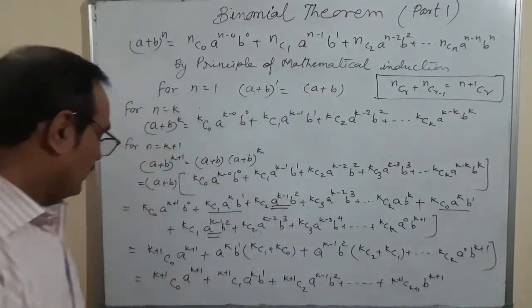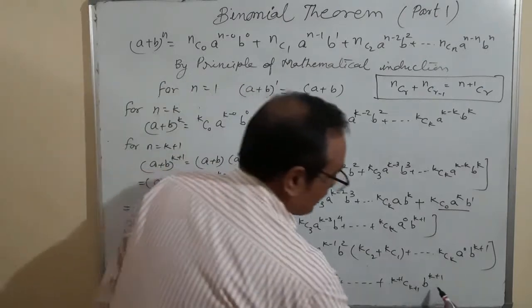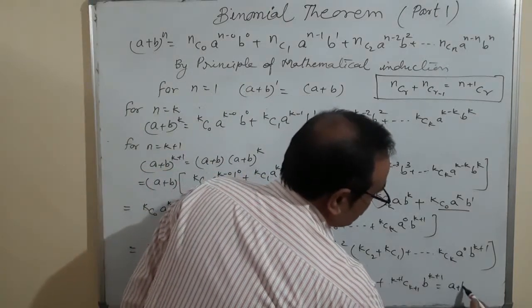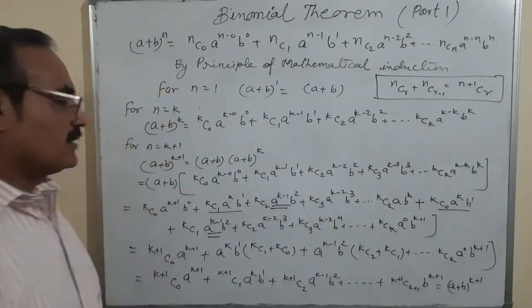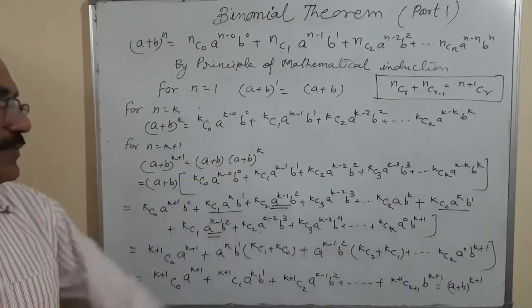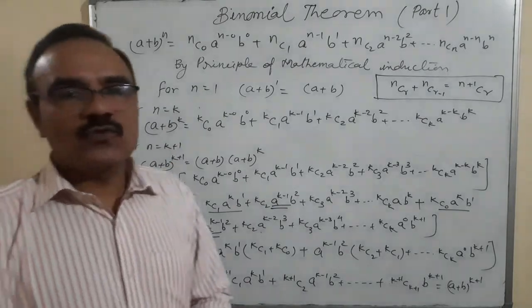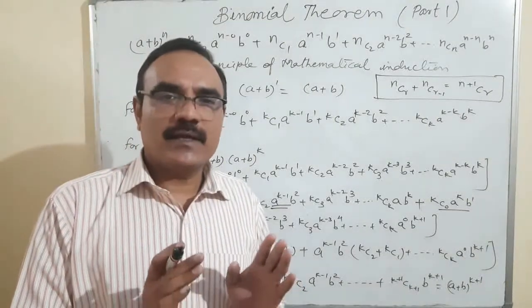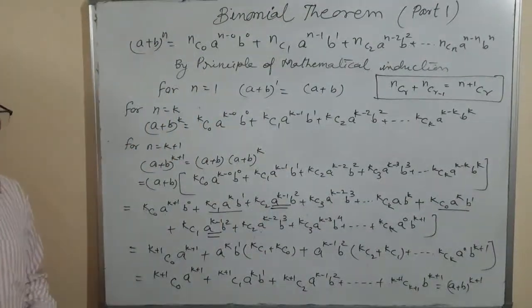Okay. And what is it? This is the expansion of a plus b to the power k plus 1. So what does it mean? This expansion is true for each and every natural number, for every n belonging to N. Understood?